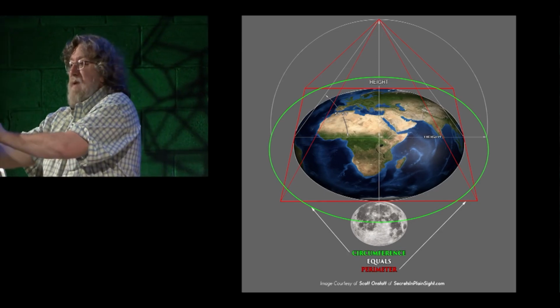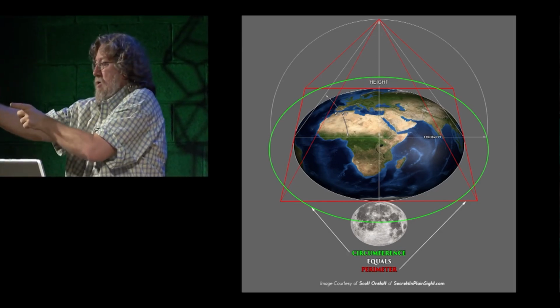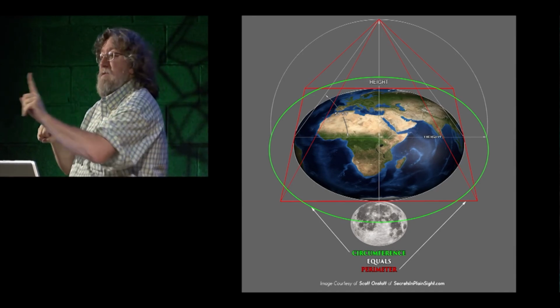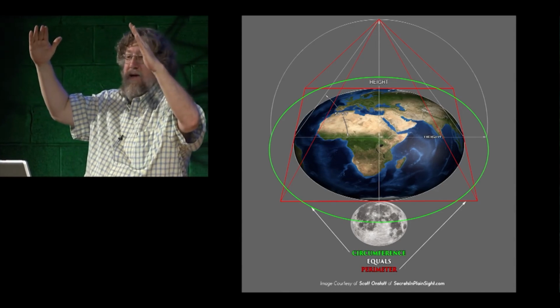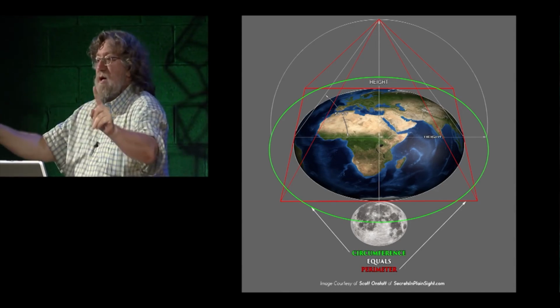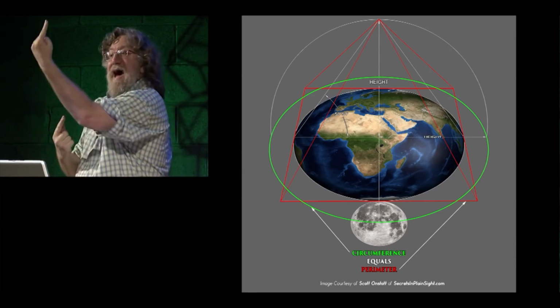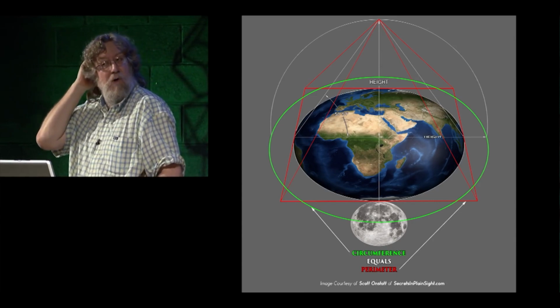So if you're mapping the circular arc of the Earth's equator, flattening it out and mapping it onto the base of the 43,200 times bigger pyramid, it's going to be exactly the same length. So there's no distortion around the perimeter of the pyramid's base, and the height of the pyramid is exactly the polar radius of the Earth.